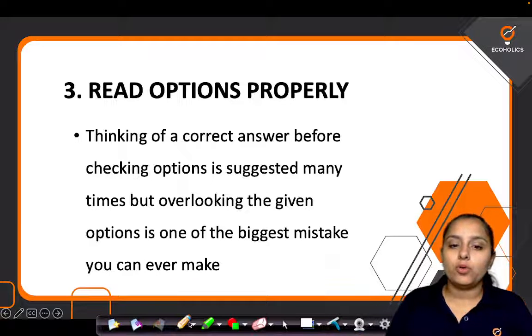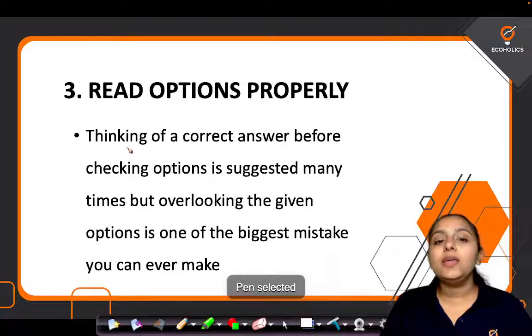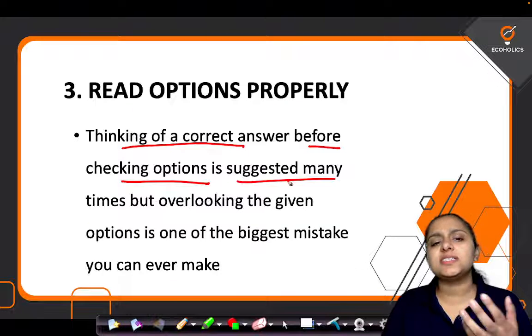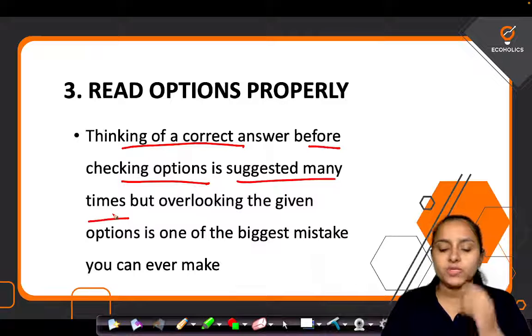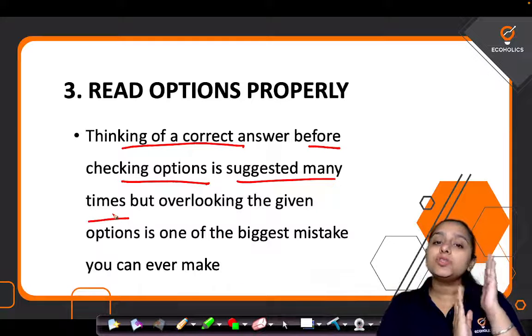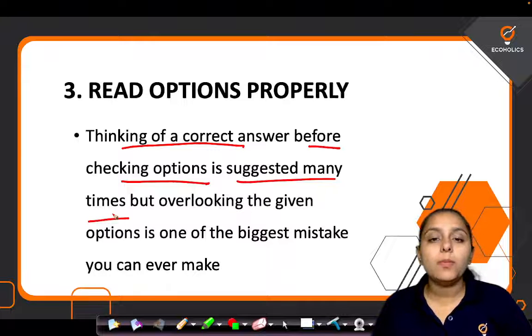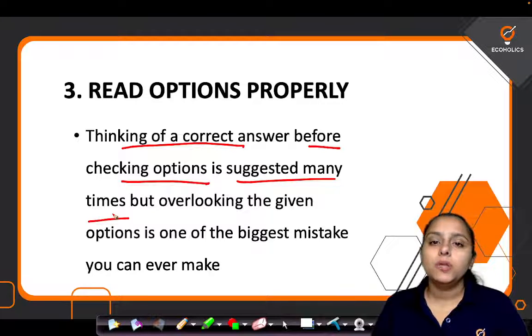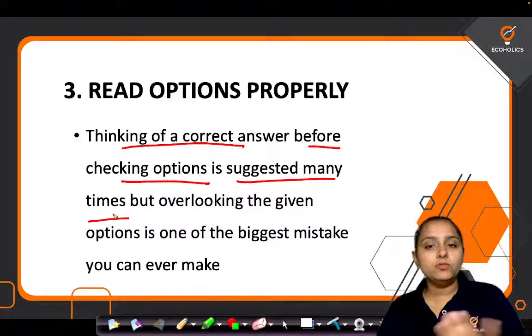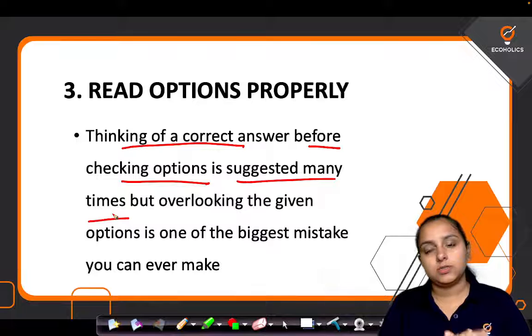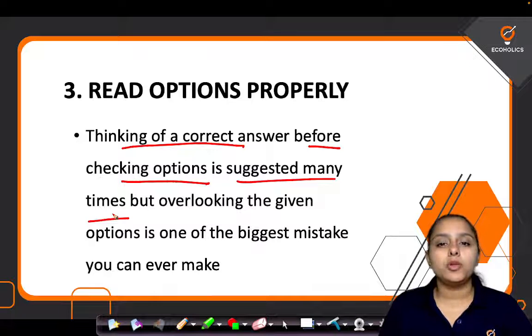Correct? So you can see, thinking of a correct answer before checking options is suggested many times. Many times you must have heard this thing कि as soon as you see a question, think about its answer, because it will save you from getting confused when you see multiple options. बहुत बार होता है.